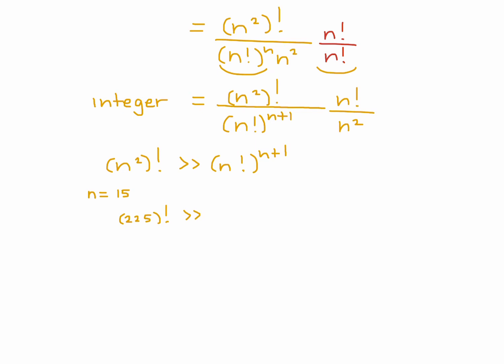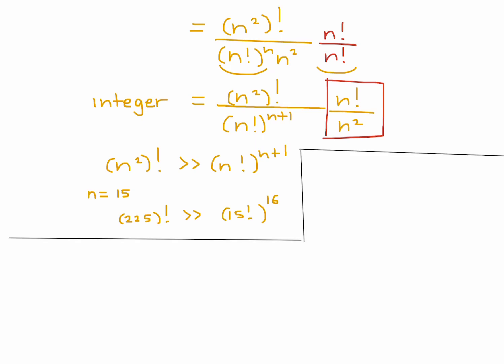And that's obviously going to be much greater than (15 factorial) to the power of 16. So I'm fairly confident that this part will be an integer, since the numerator is greater than the denominator. So now I have to concentrate on that. And that is the key to the question right here. I've got to concentrate on this guy. So I want that to be an integer.